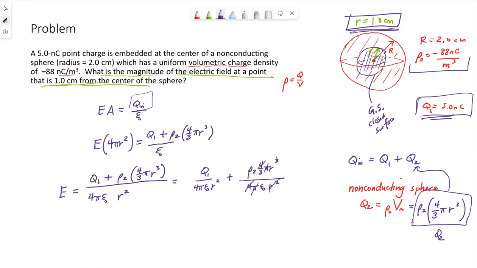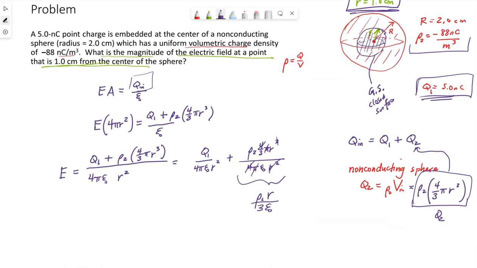These r squares I could cancel. So this portion would become rho r over 3 epsilon naught. Make sure I didn't miss anything. Okay, I think I have it all.